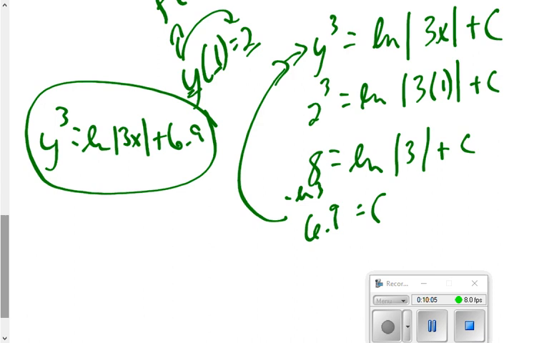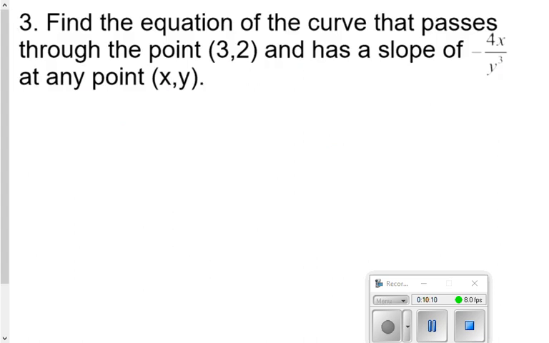And the last one I want to do, that isn't on your notes, find the equation of the curve that passes through that point, 3, 2, and has a slope of this. So it has a slope of that, and they want it at any point.